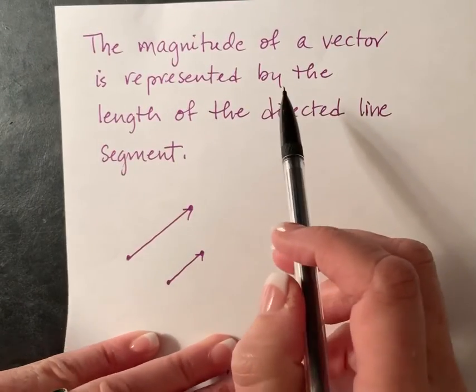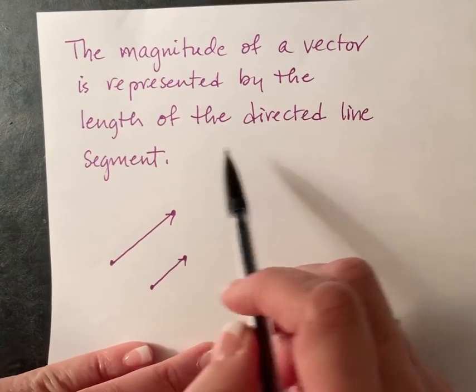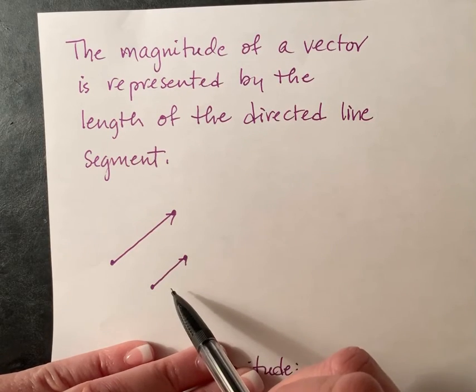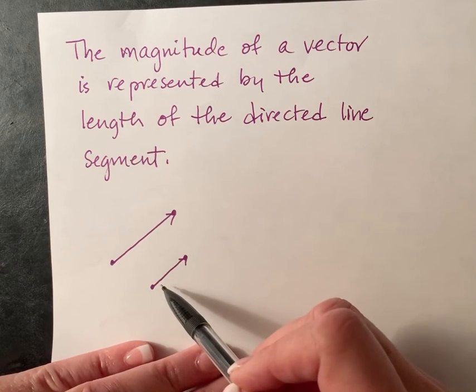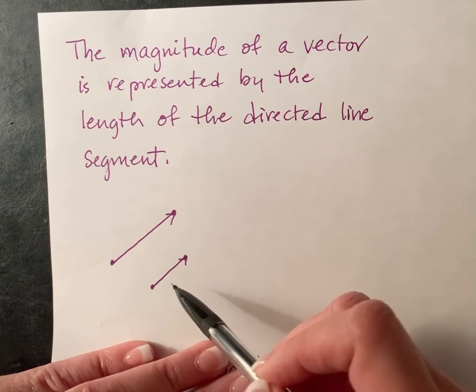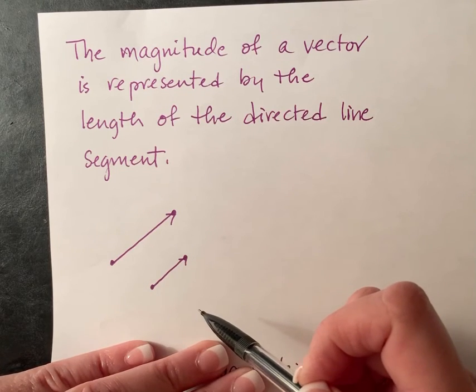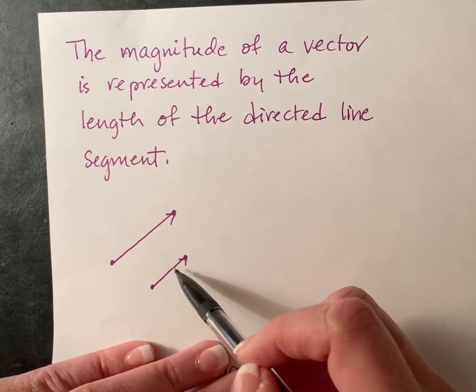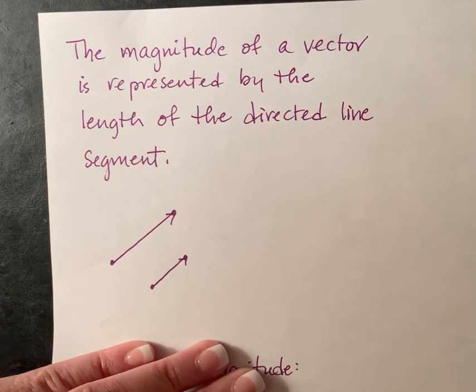The magnitude of a vector is represented by the length of the directed line segment. Here are two different directed line segments. They both have the same direction, so perhaps these could be winds in a weather report. They're both going in a northeast direction.